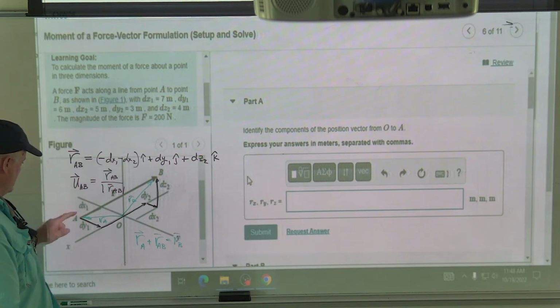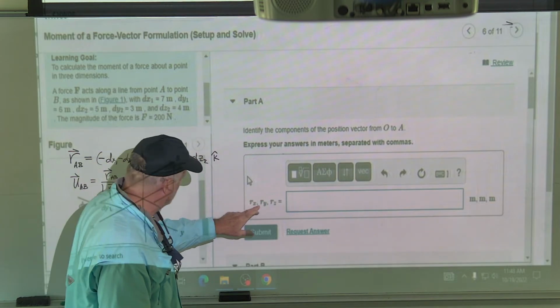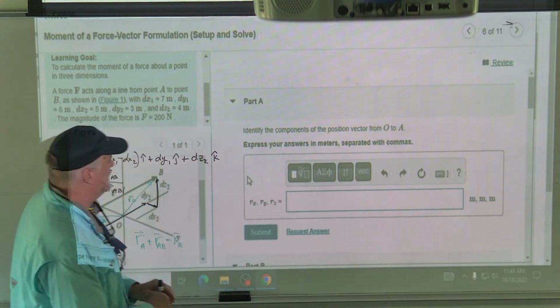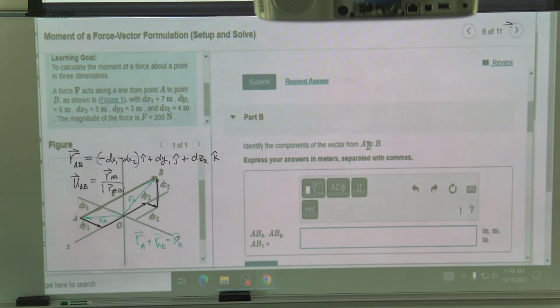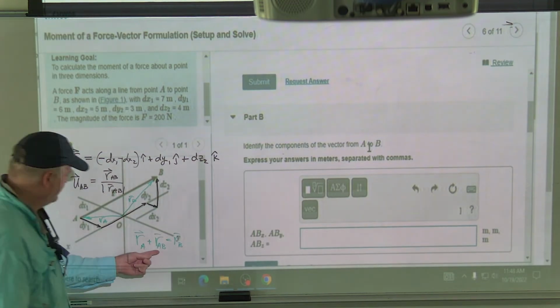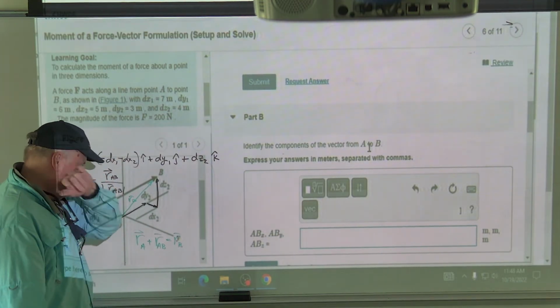What I did is I started at A and walked to B. So it's RX, RY, RZ. Then the next thing he's going to want you to do is identify the components from A to B. So you do it this way, in order this way. You're going to get the same thing.